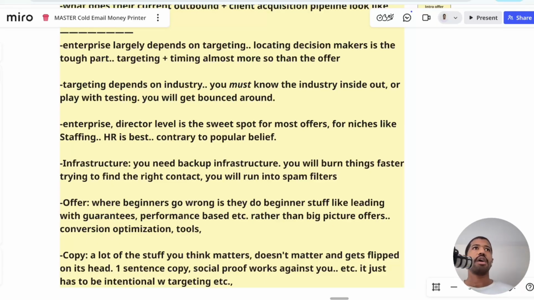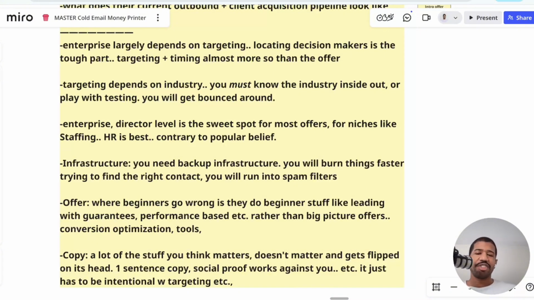also, number two, gives off a lack of confidence, because you're leading with guarantees rather than this just being the thing you do. Another thing is they pitch performance-based offers, like pay per lead and stuff like that.